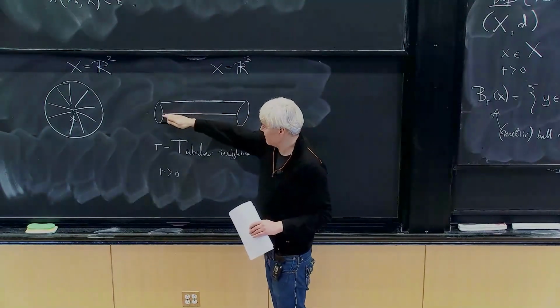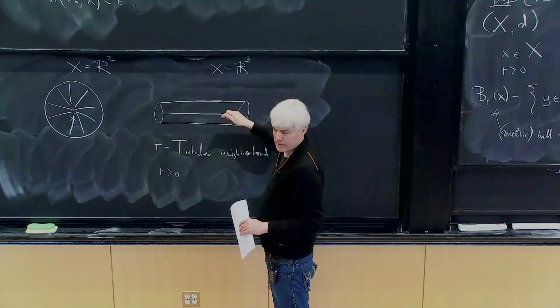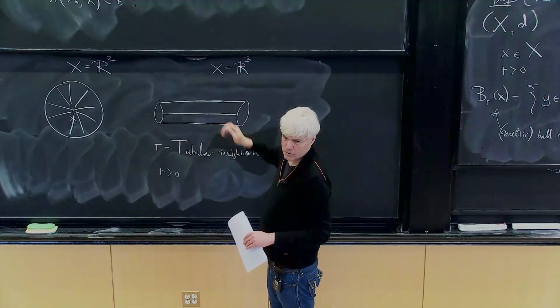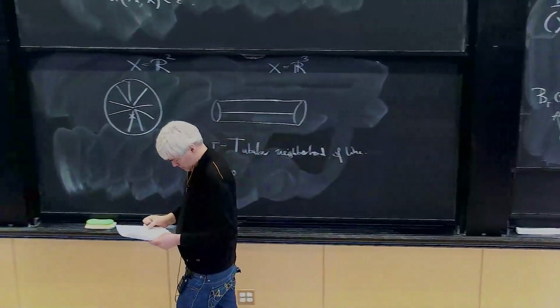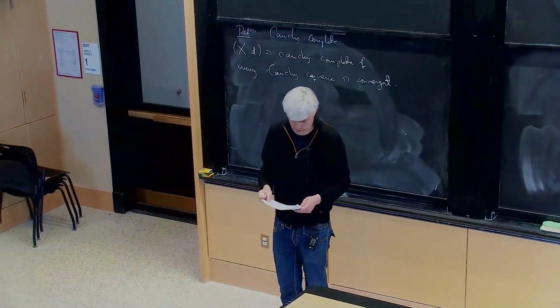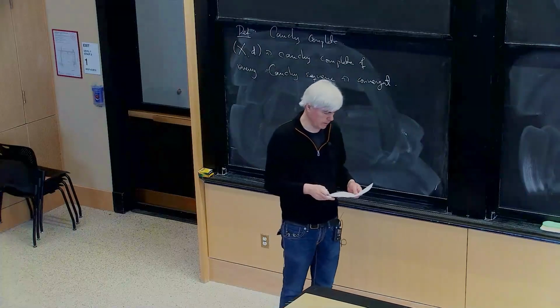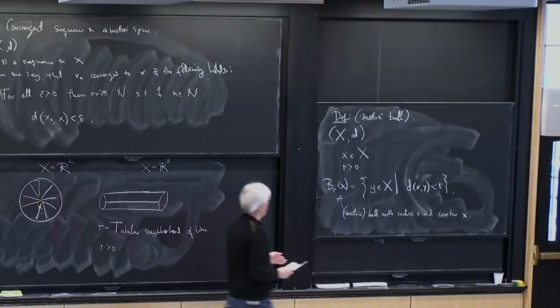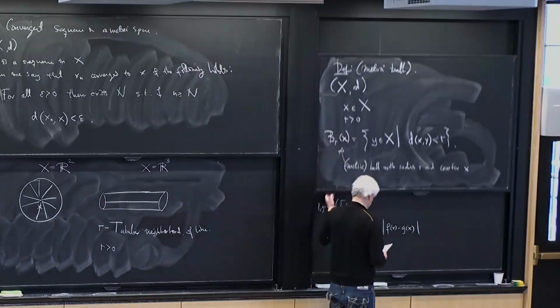But you could just think about it as a subset, and then the things that have distance strictly less than r to that subset. Okay, so this is what a metric ball is.